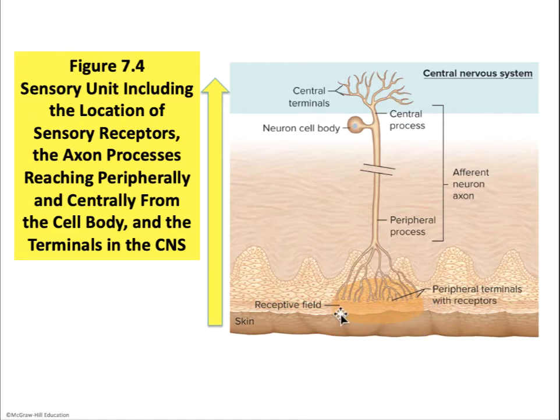The receptive field represents the area that the dendrites cover. Additional information available from this figure is that the cell body of the receptive afferent neurons is normally located very close to the central nervous system, but their processes can be extremely long.